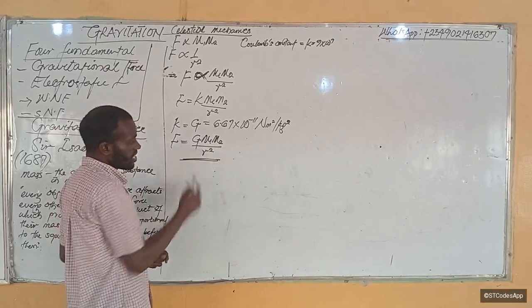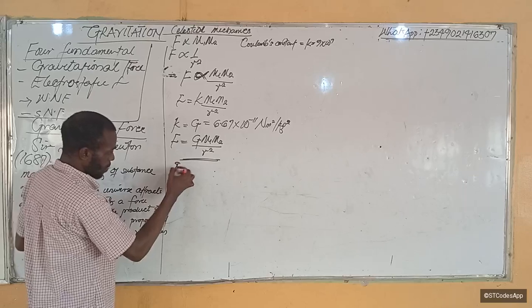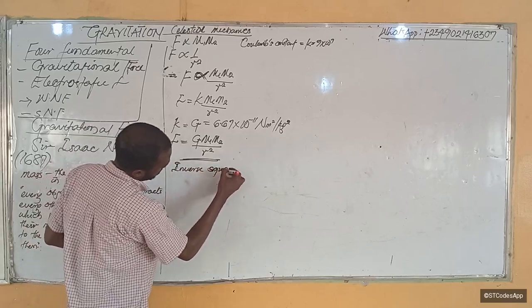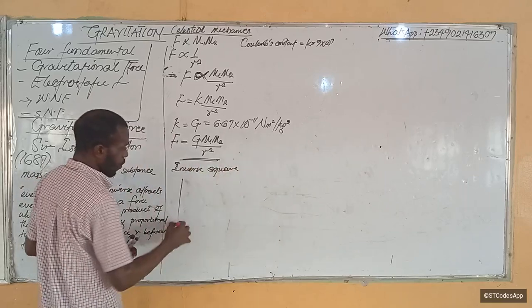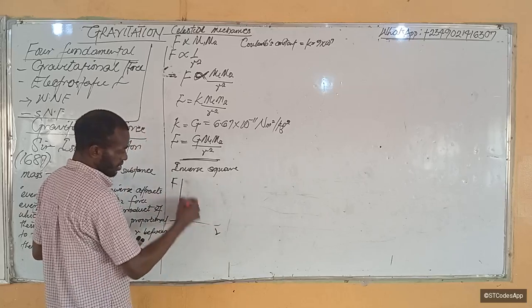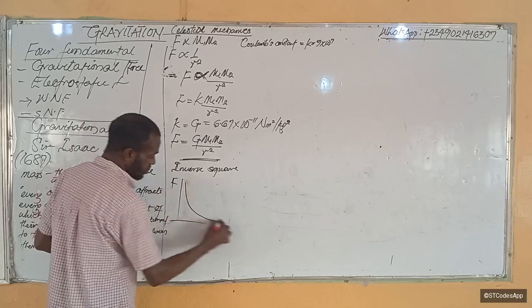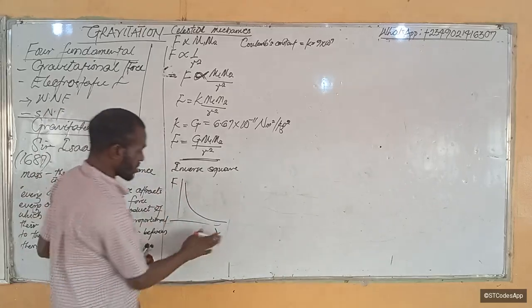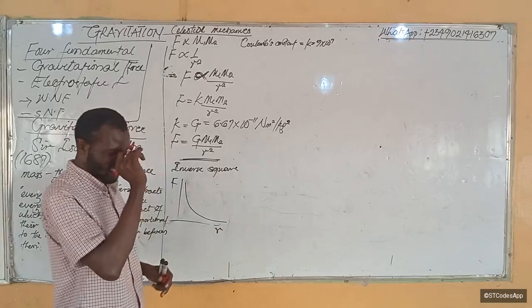Then of course, this is also an inverse square law. Now this tells you that, looking at the force against R, as R increases, the force falls rapidly. Do you understand? So as R increases, the force really reduces a lot.